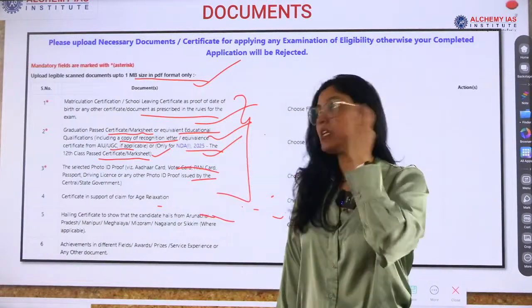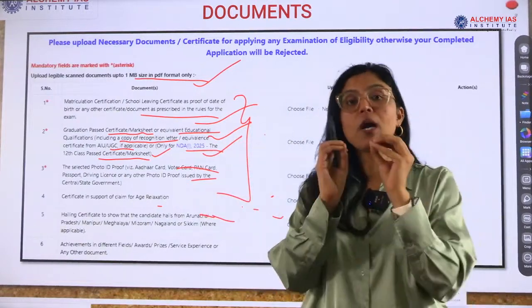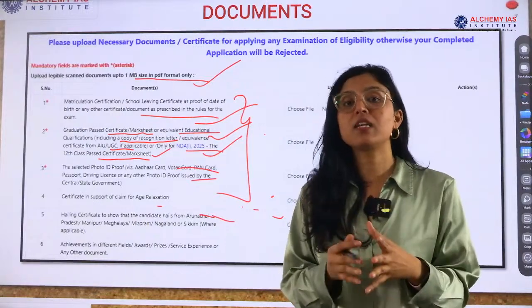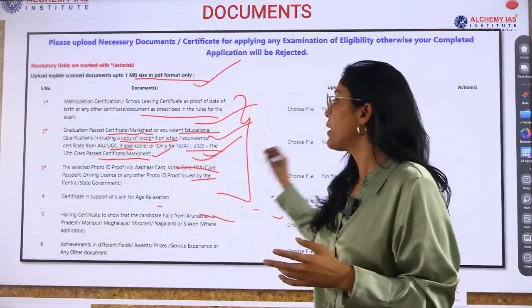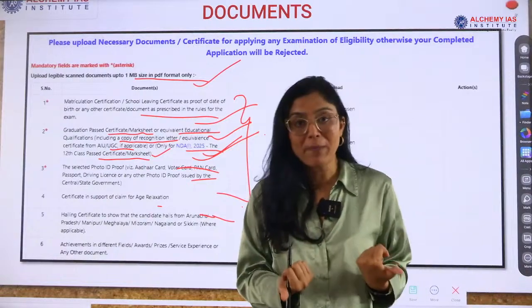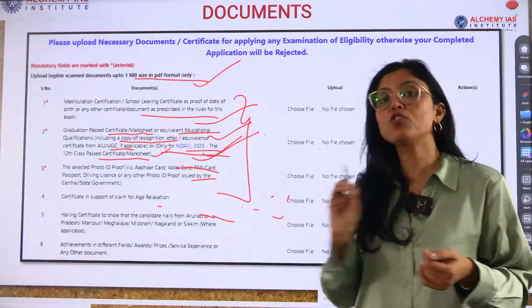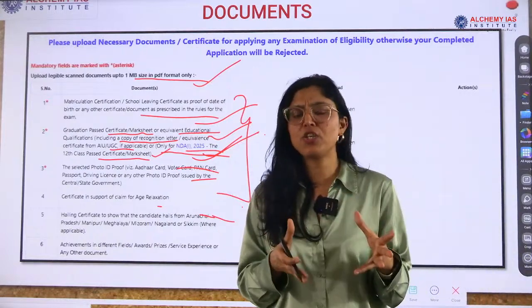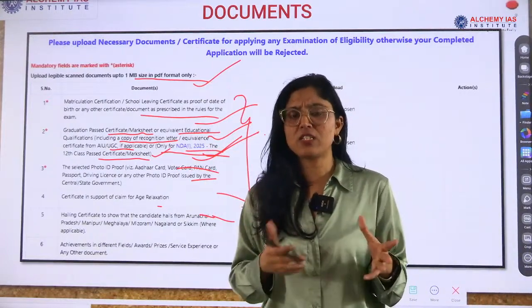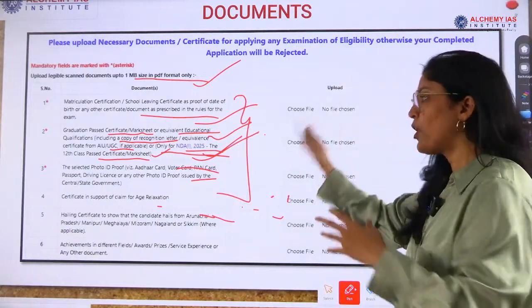Okay, so what is happening is, if you are appearing in the final year examination, what you can do is upload your mark sheet of the second year, right? You do not have the graduation pass certificate, so you can upload the second year mark sheet, and I think you will get the chance to modify this later, right?